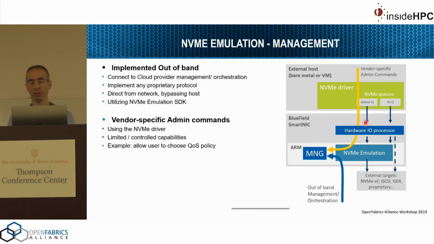And in terms of the data path, we can see here that if this is an IO queue on the emulator side, this goes through the hardware IO processor and then goes directly to the fabric if it is capable. So in terms of NVMe Over Fabrics, if the use case is mapping an NVMe emulated device to a remote device through the NVMe Over Fabric protocol, then we are using a similar acceleration that we have for the target that I presented in the previous slides.